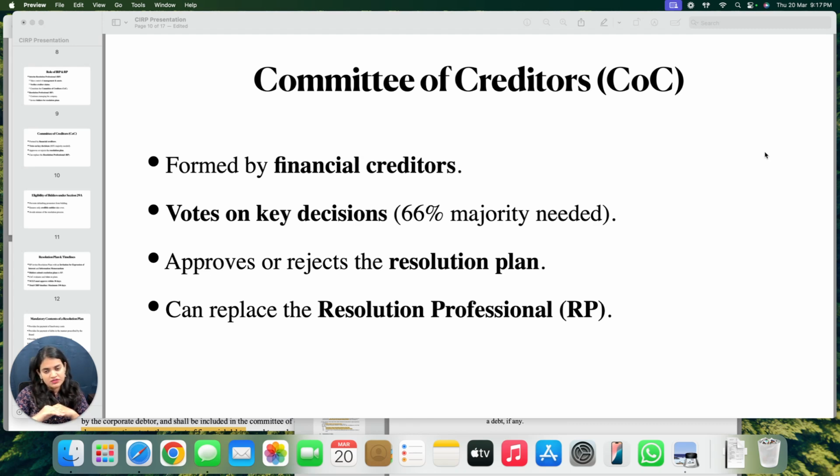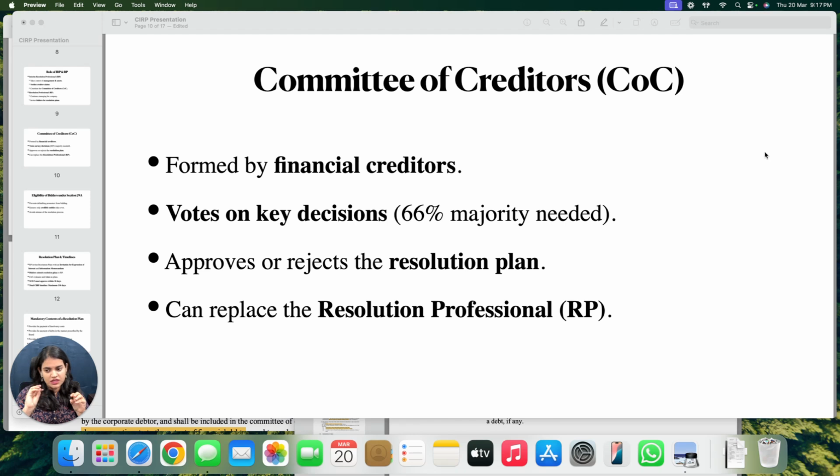In case of a class of creditors, it's not a simple majority. To whatever extent the class of creditors vote for withdrawal, that extent will be communicated, and to whatever extent they state that the withdrawal should not take place, that extent will be reflected in the CoC votes as well.